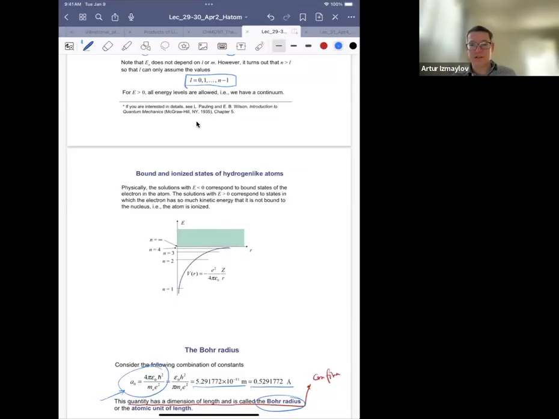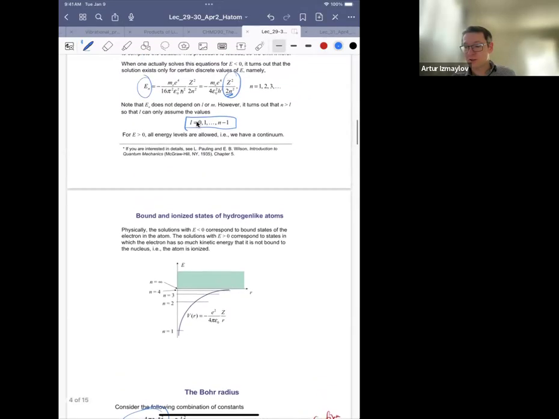Okay, let's try. Who can give me at least one besides the hydrogen atom that we are solving now, where we're getting the value that is given here, right? So what was the first eigenvalue problem that we solved in this course?